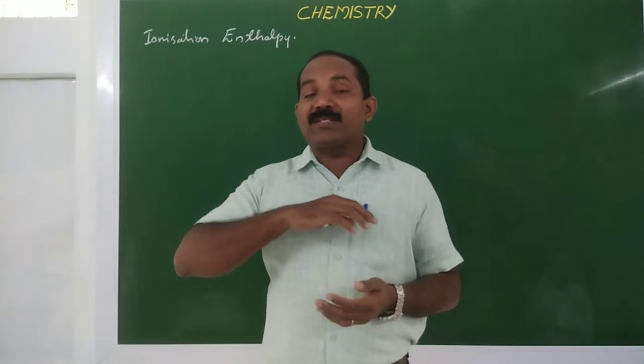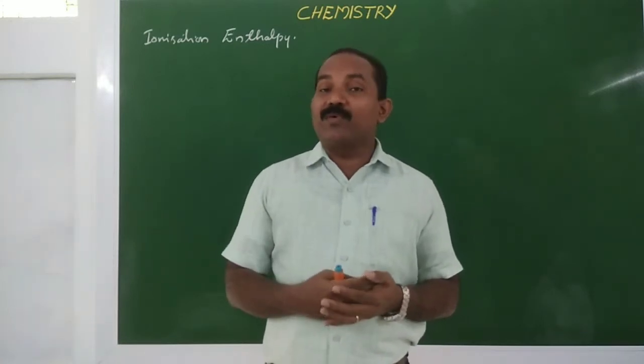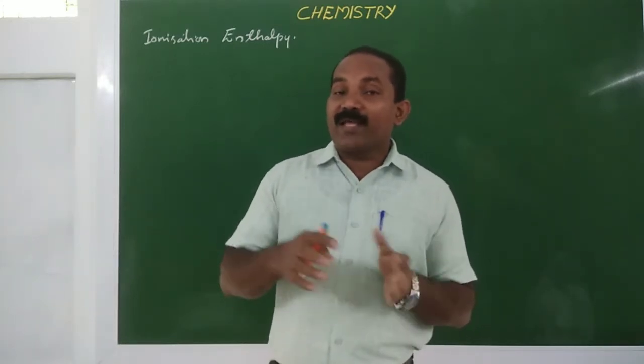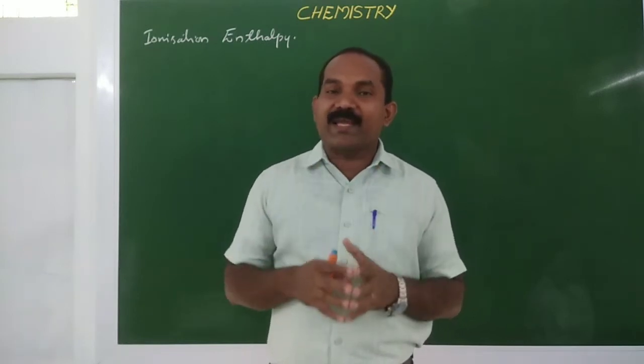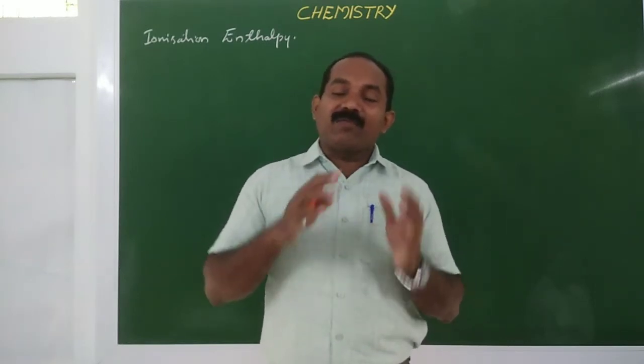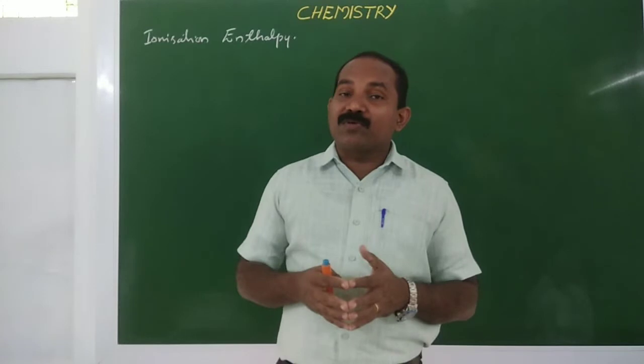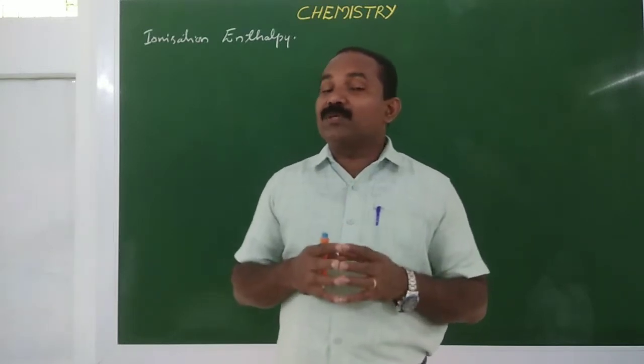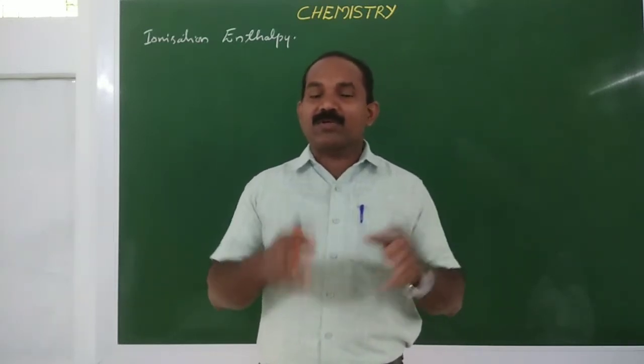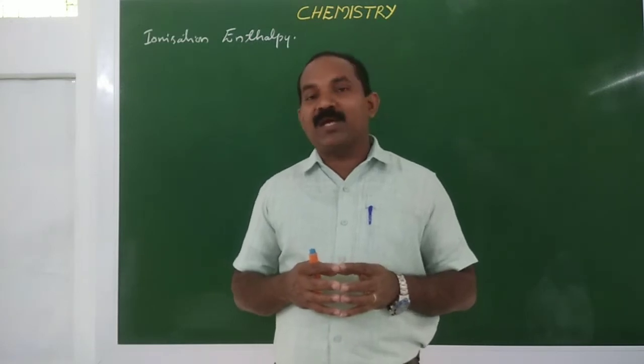Then we try to remove one more electron from the unipositive ion. That ionization enthalpy is called the second ionization enthalpy. And when we try to remove one more electron from the dipositive ion or cation, it is called the third ionization enthalpy.